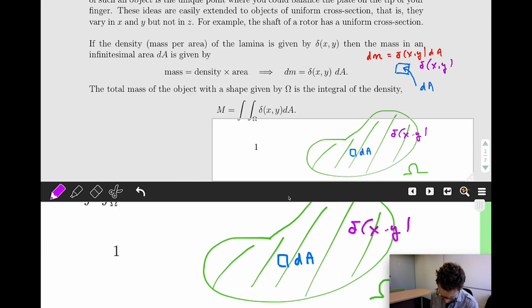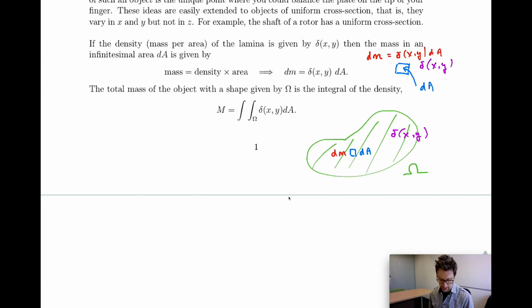I know what the mass per unit area is, and I know that the infinitesimal element, that little tiny square there, has a mass of delta m. So all I have to do to calculate the total mass is add up all of those little tiny masses.